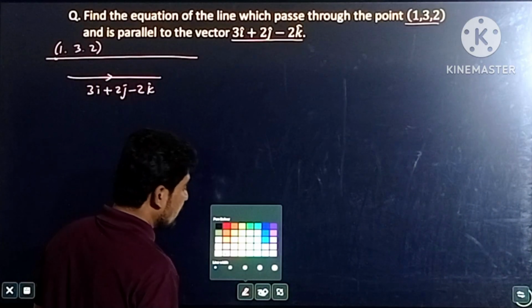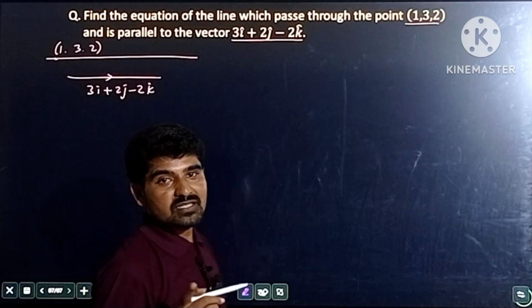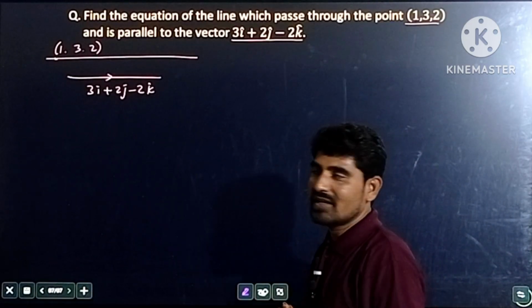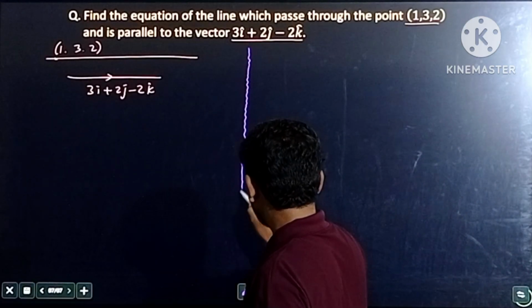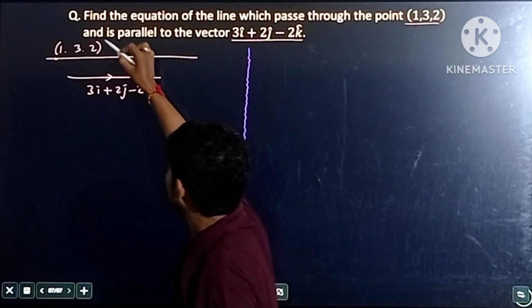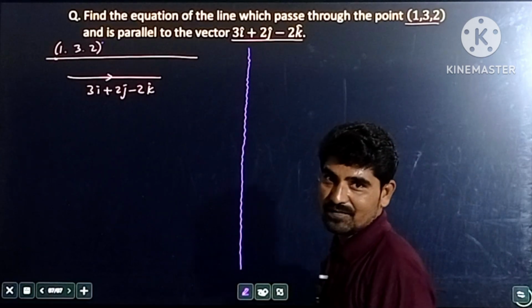We need the equation of the line passing through this given point and parallel to this vector.